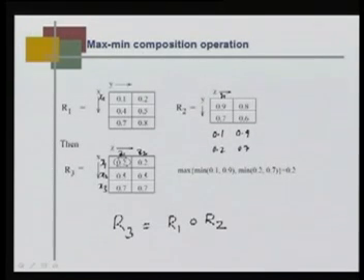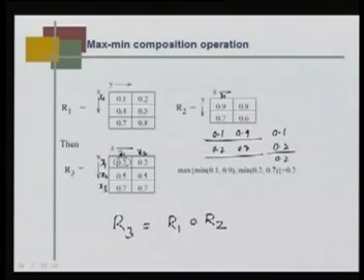I put them in parallel and find the minimum. Here the minimum is 0.1, here the minimum is 0.2, and after that I find the maximum, which is 0.2. So, this is maximum of minimum of 0.1, 0.9, and minimum of 0.2, 0.7, which is 0.2. This is how we found it.